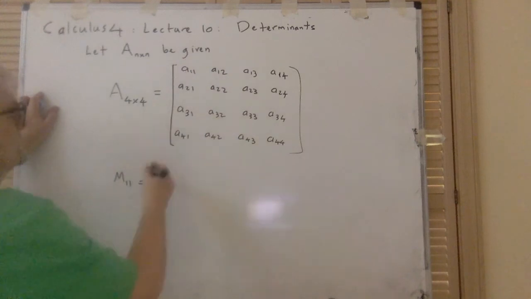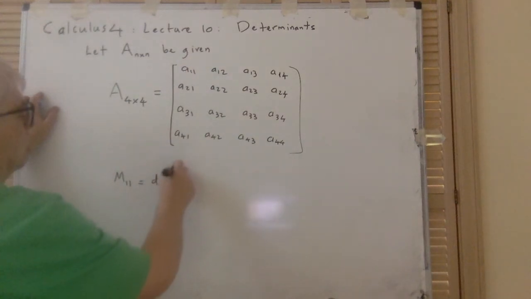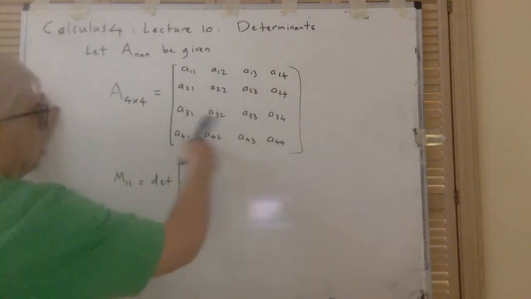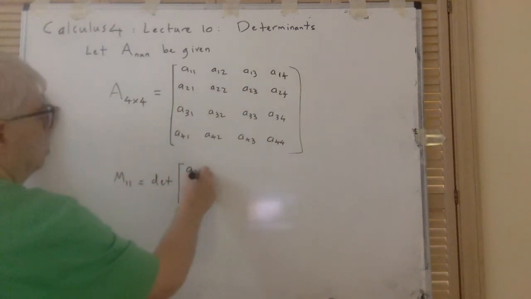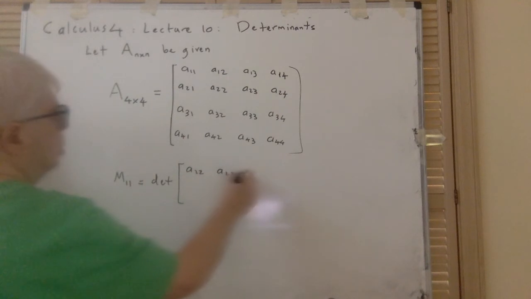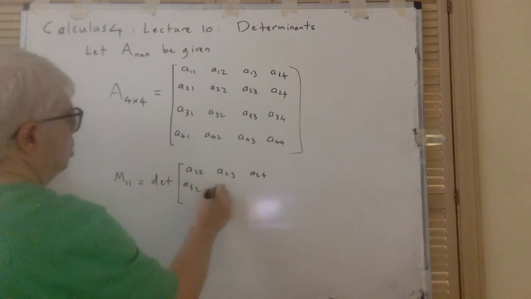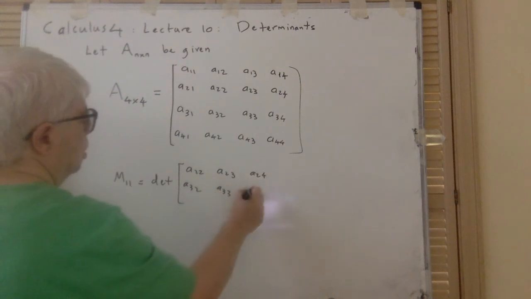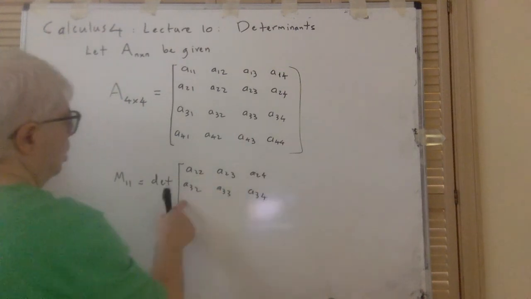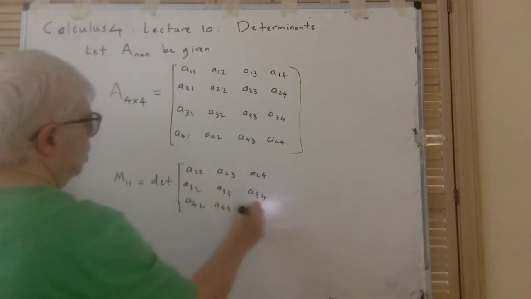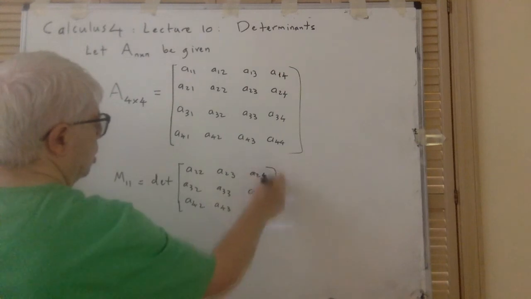So M11 is the determinant of this. This remains, right? A22, A23, A24, A32, A34, A42, A43, A44.